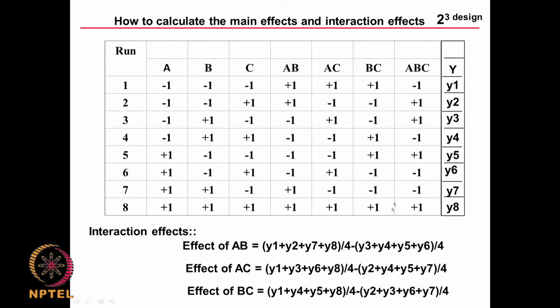Same thing with BC, 4 places you have plus, 4 places you have minus. So, you pick up those pluses y1, y4, y5 and y8, add them, divide by 4, minus y2, y3, y6, y7, add them, divide by 4. So, this gives you the interaction effect.